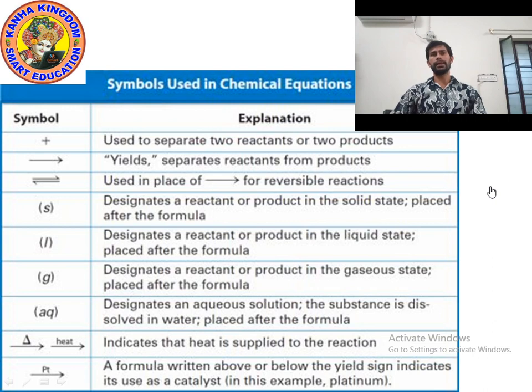Second is a simple arrow, which is known as yields. Where is it written? In the middle of reactants and products.